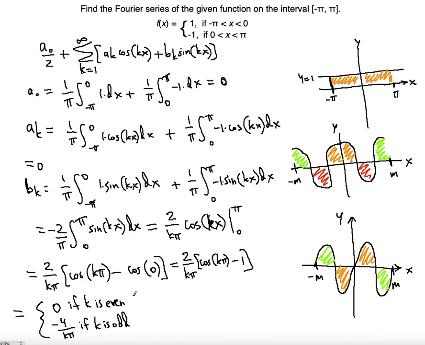So now we have to be careful. To find the Fourier series, we know that this is 0 and this is 0. We only have this. But now, what do we have to watch out for? Keep in mind that we're going to start with k equal to 1, but we do not need the k even.